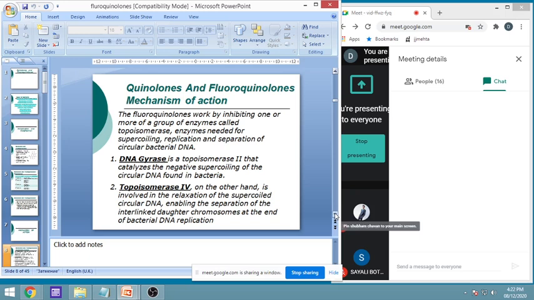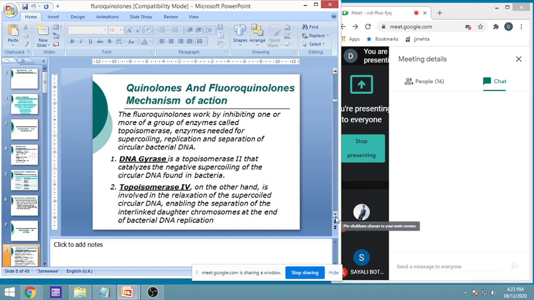When these two are inhibited, the DNA used for expression cannot be repacked or compressed nicely, and therefore there will be more chances of injury. If topoisomerase 4 is inhibited, the interlinked daughter chromosomes cannot be separated, and this will affect replication.